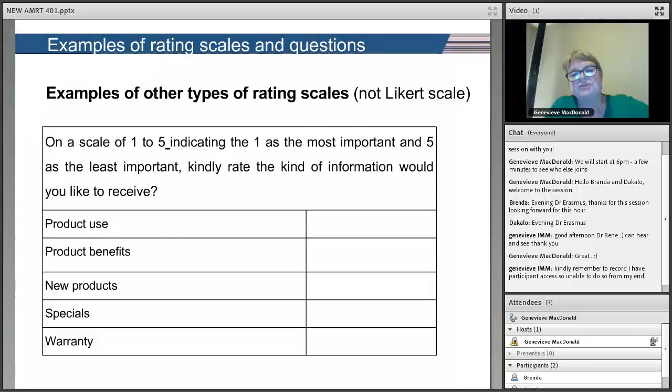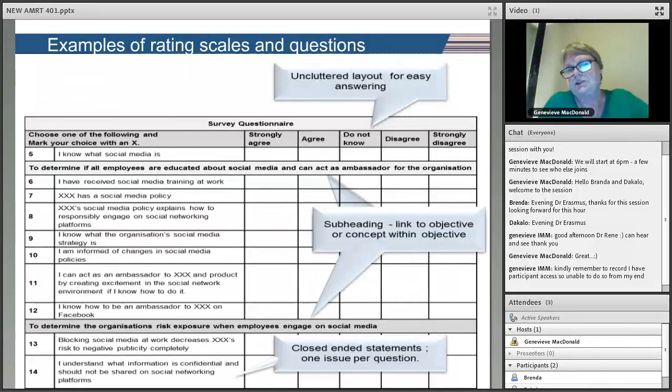Examples of other types of rating scales, not Likert scale: on a scale of 1 to 5, with 1 as the most important and 5 as the least important, rate the kind of information that you would like to receive. Okay, so there's ways of asking questions.